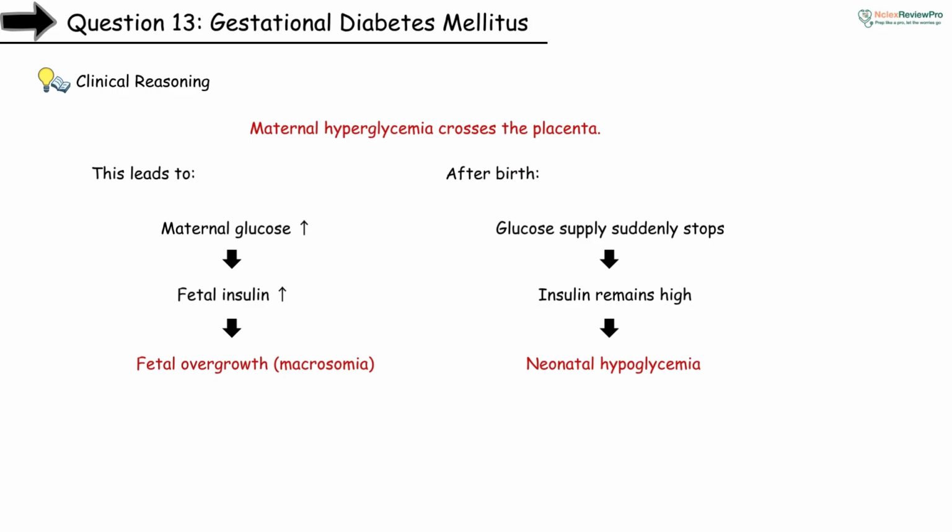That extra insulin acts like a growth hormone, so the baby grows larger than normal. That is macrosomia. Now, after birth, the glucose supply from the mother suddenly stops, but the baby's insulin levels are still high, so blood sugar drops, and that leads to neonatal hypoglycemia.